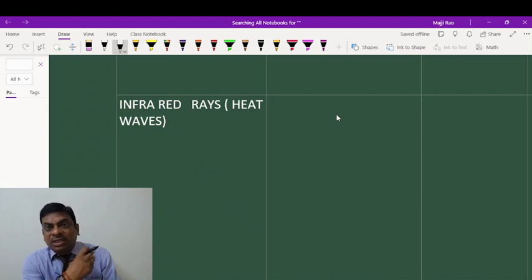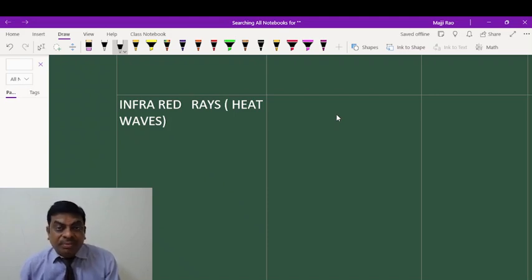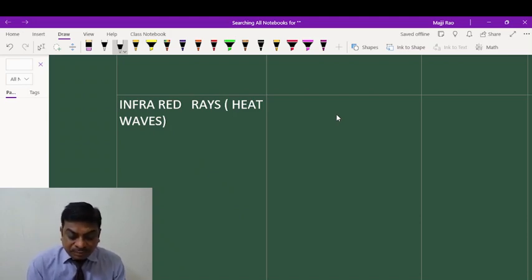That means some radiation is incident on your body, which gives you that feeling of warmth. This radiation is infrared radiation. It is not at all visible. You cannot see it, neither does it help us to see, but you can definitely feel the warmth.